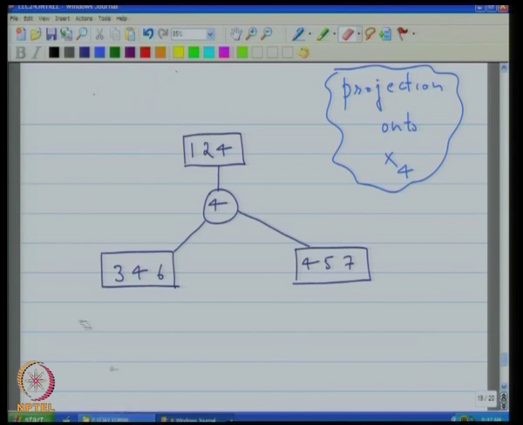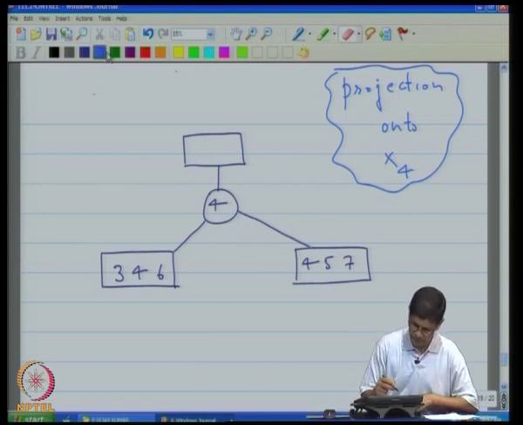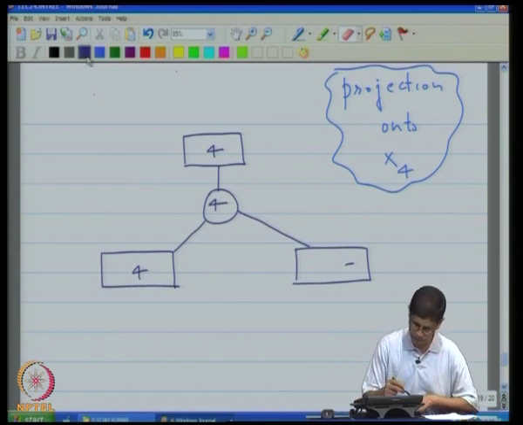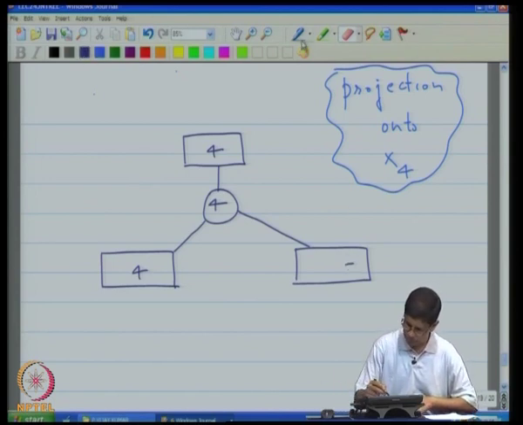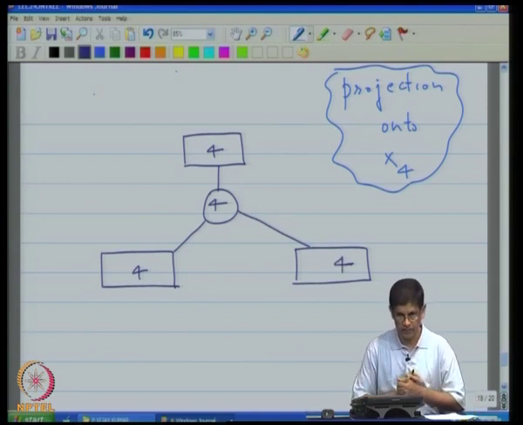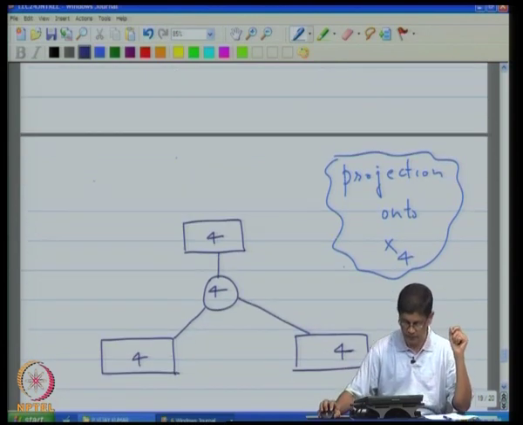And then in the remaining nodes I delete all variables other than x4. So, I am left with this. And now you can see that this is a tree, right. So, this is an alternative definition of the junction tree.